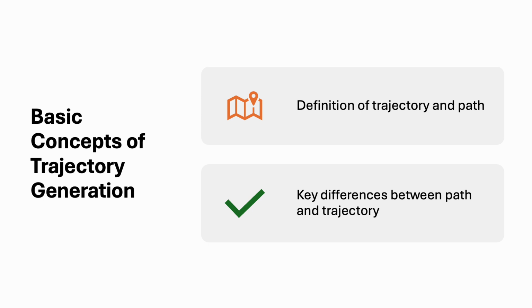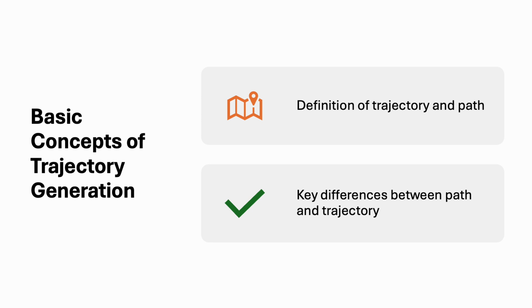A trajectory, on the other hand, extends the concept of path by incorporating the time dimension. It specifies not only the route that the robotaxi, as our example, should follow, but also how it should traverse that route over time.